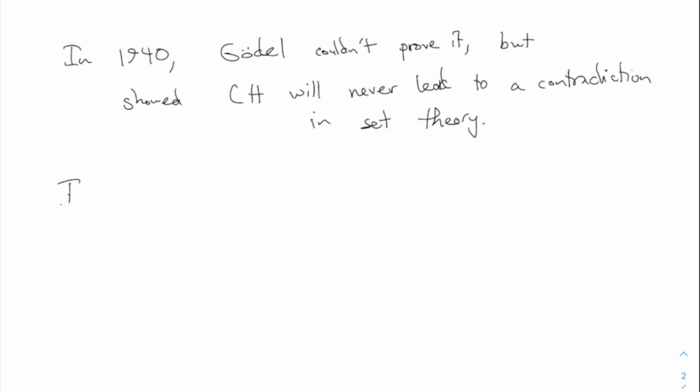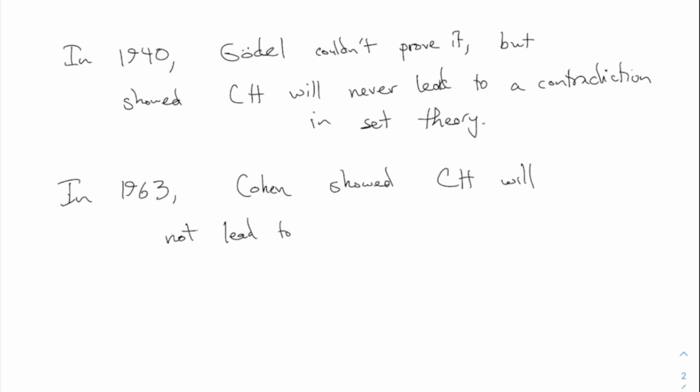And then, here's the extra weird part. In 1963, a guy named Paul Cohen showed that the continuum hypothesis will not lead to a contradiction if it is false.